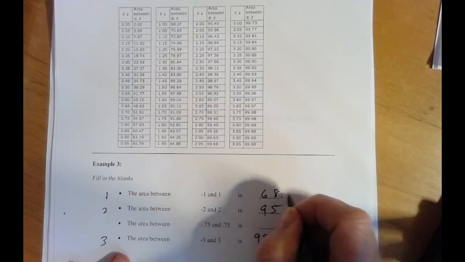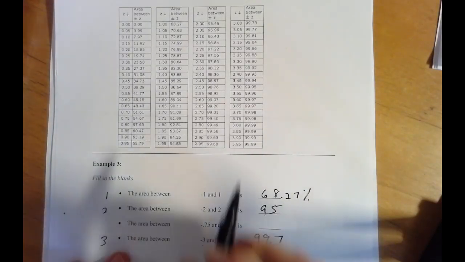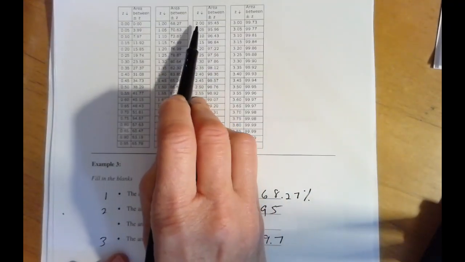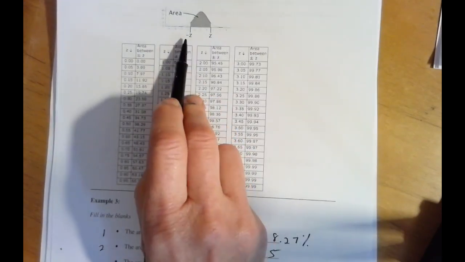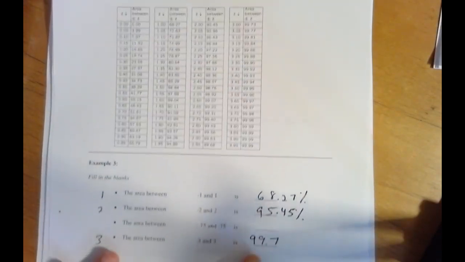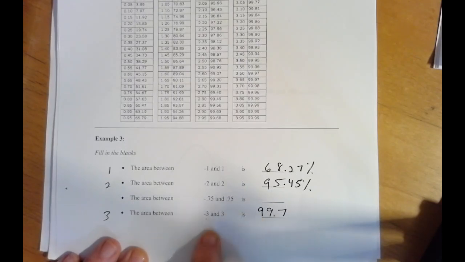So this is 68.27%, and we can look here for between 2 and, even though it only gives you the positive z's, this is between 2 and -2, so that's 95.45%. Now we rounded here to 99, we didn't round to the nearest whole number between 3 and -3, because look at this.